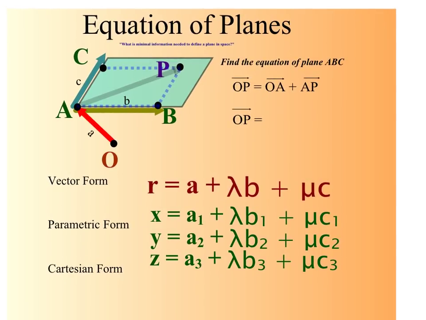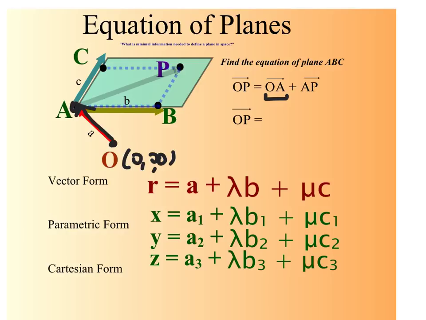Alright, so you can see this blue parallelogram right here represents a plane. What we can do is take a vector from the origin, this point 0, 0, 0, and shoot that vector up to a known point A. So that's vector OA.